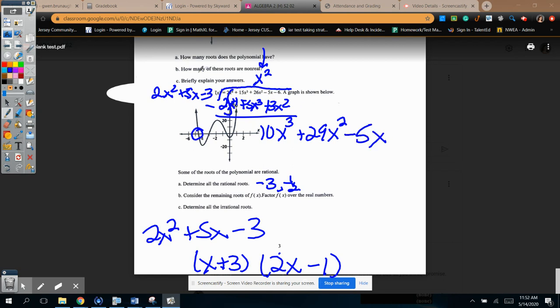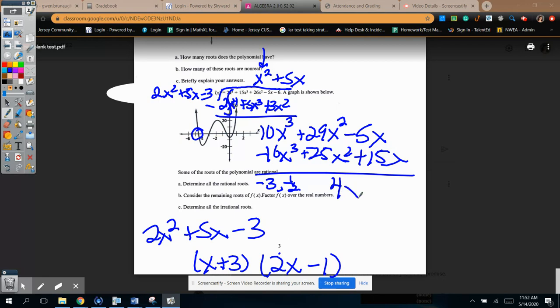I hope so. This is a little sloppy. How many times does 2x squared go into 10x to the 3rd? That's 5x times. Multiply down: 10x to the 3rd plus 25x squared minus 15x. Change the signs. 4x squared plus 10x minus 6.